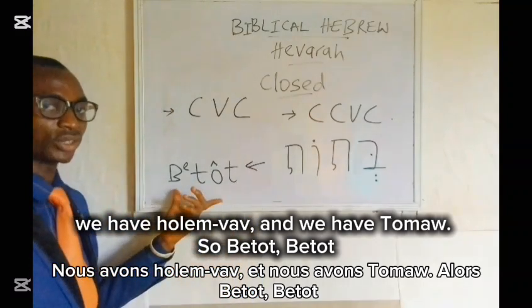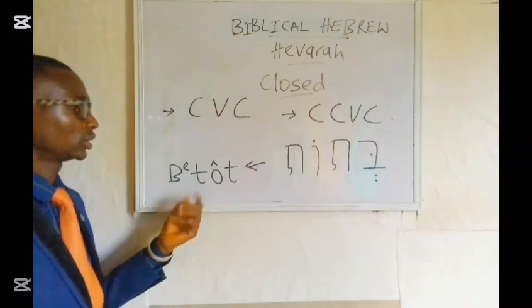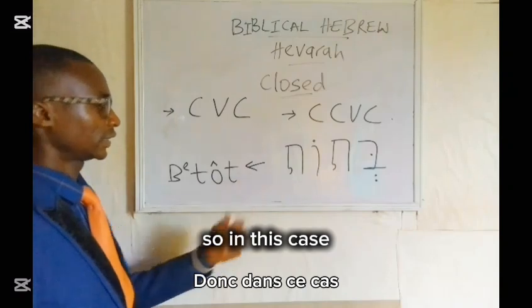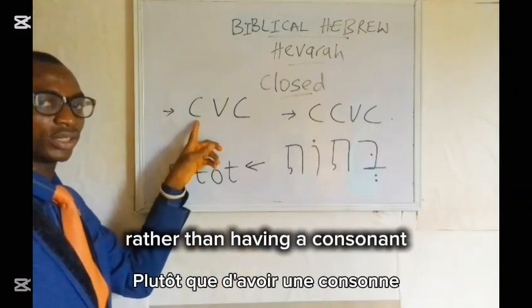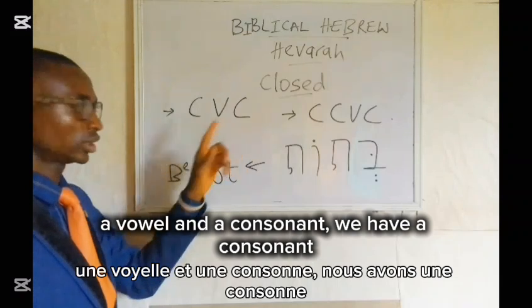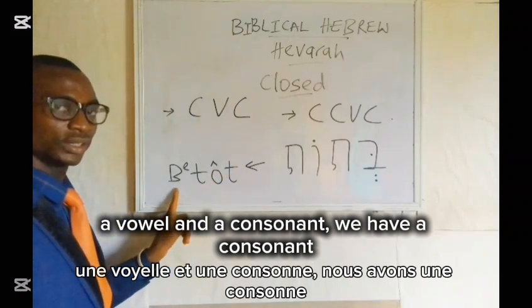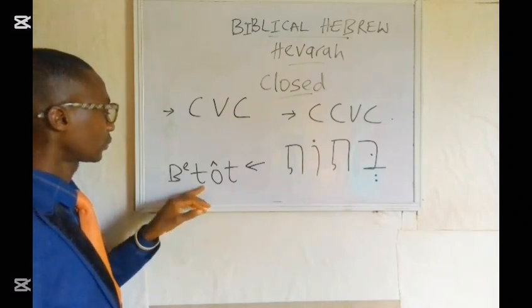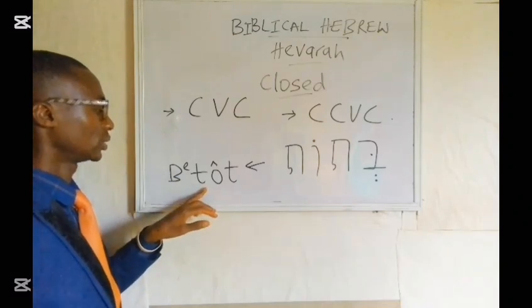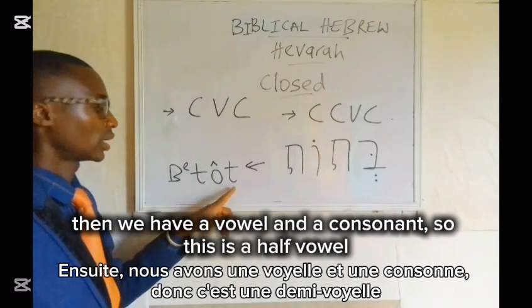So betot, betot. In this case, rather than having a consonant, a vowel, and a consonant, we have a consonant, then a consonant, then a vowel and a consonant.